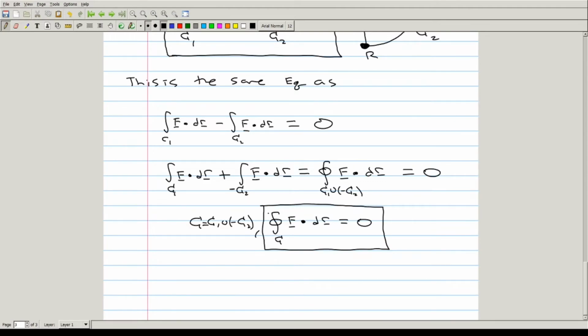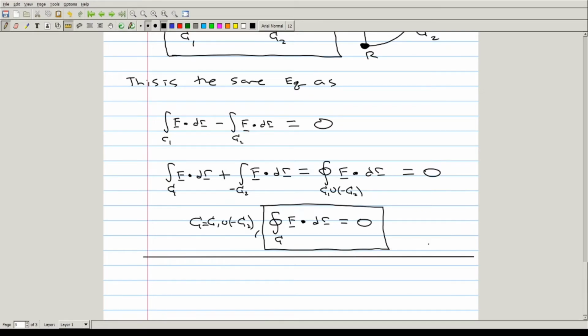Or the circulation over this closed curve is going to be 0. So it's actually relatively straightforward and easy to show the inverse of this statement, which is very, very nice.